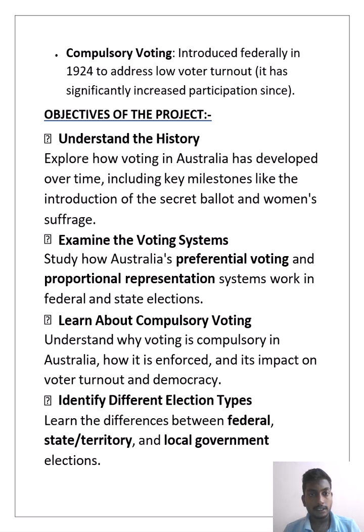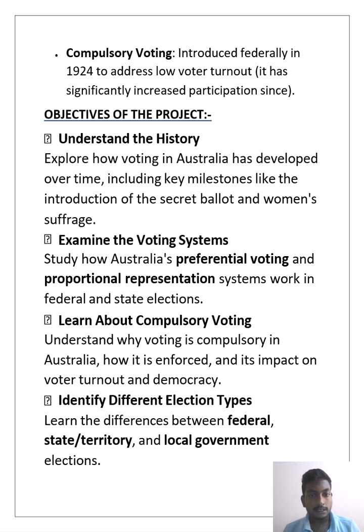Objective of the project. Understand the history. Explore how voting in Australia has developed over time, including key milestones like the introduction of the secret ballot, and women's suffrage plays a key role in it. Examine the voting systems.